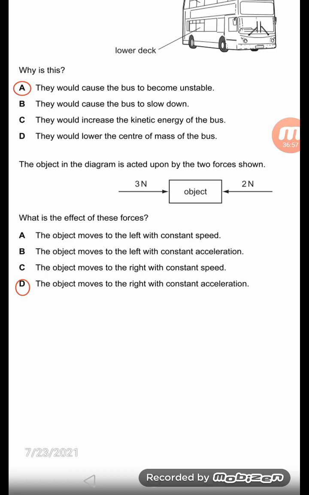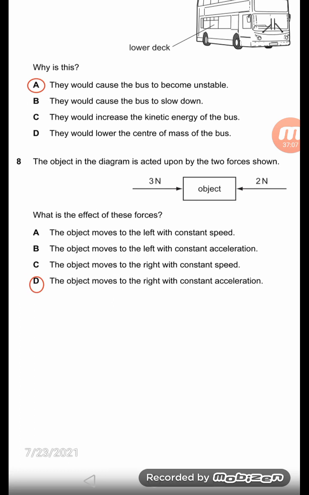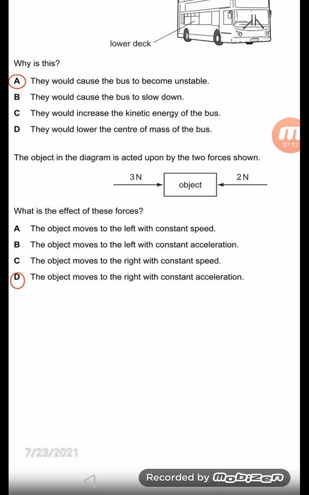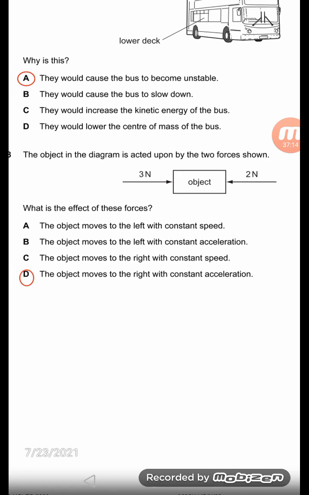Okay, so see here, actually this girl is pushing with 2 newtons, so it will move toward the right, but will it move toward the right with constant speed or constant acceleration? This is the problem. So why are they saying it will move with constant acceleration?